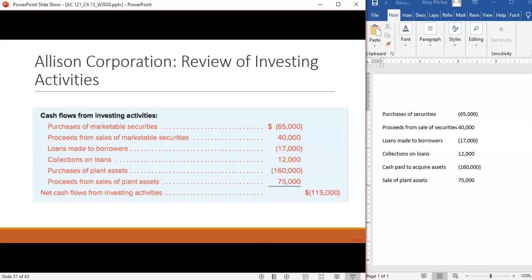That's because property, plant, and equipment cost a lot of money, and paying cash out for new equipment can be a very large amount. We're very rarely going to receive cash from sales equivalent to the amount of new purchases made.